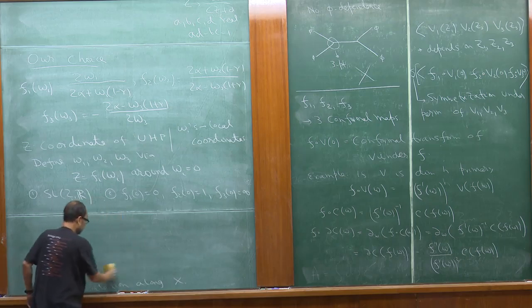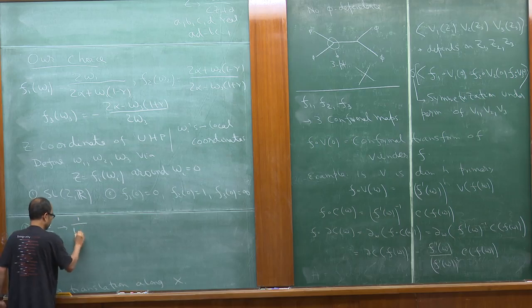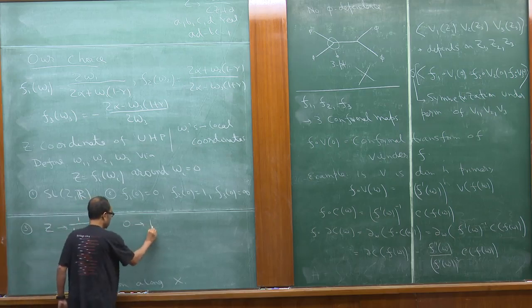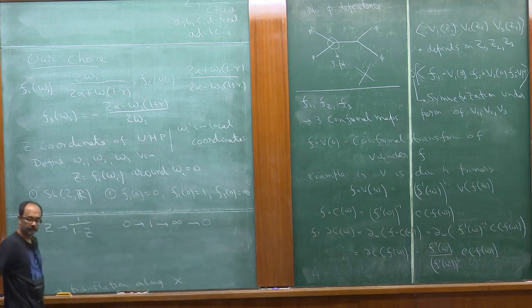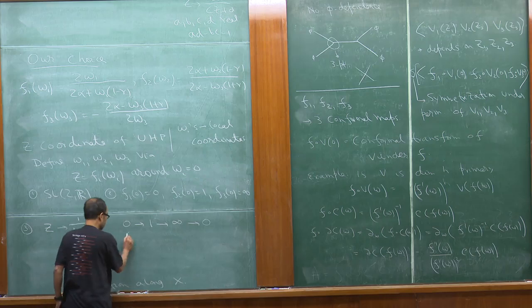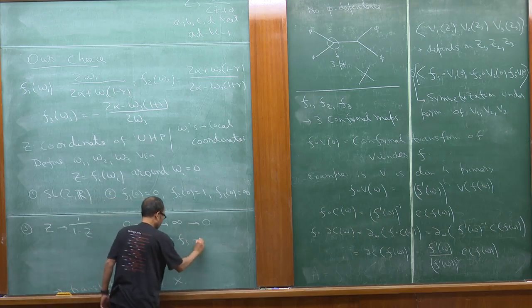The key advantage of using this is in the third step. Consider the SL2R transformation z goes to 1 over 1 minus z. This maps 0 to 1, 1 to infinity, and infinity to 0. If you work it out carefully, you will find that this also maps f1 to f2, f2 to f3 and f3 to f1.